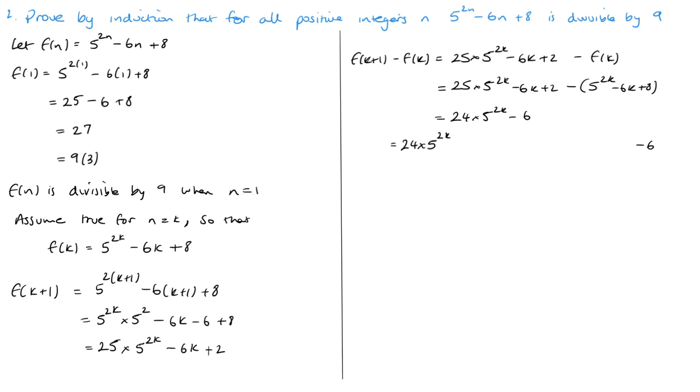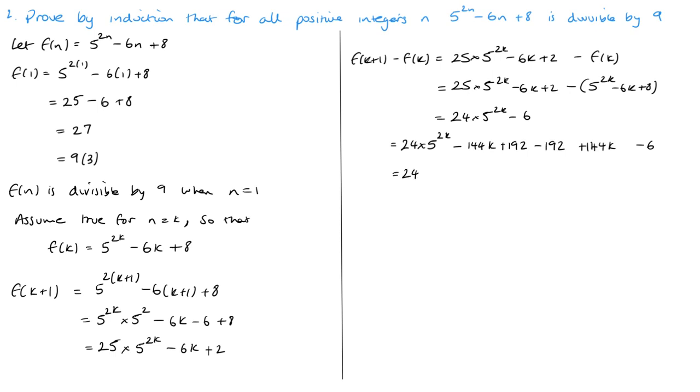So I want 24 f of k's. So 24 times 6, so we want minus 144k. That means we've got to add on 144k because that would give me 0. And then we want 24 times 8, which is 192, minus 192.